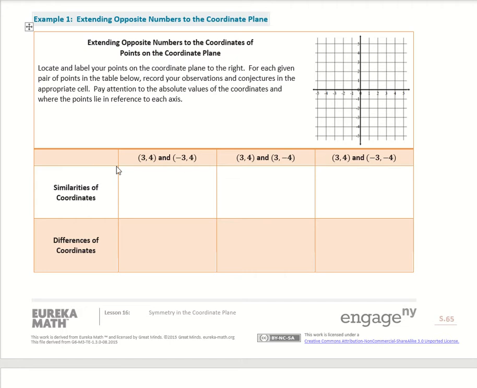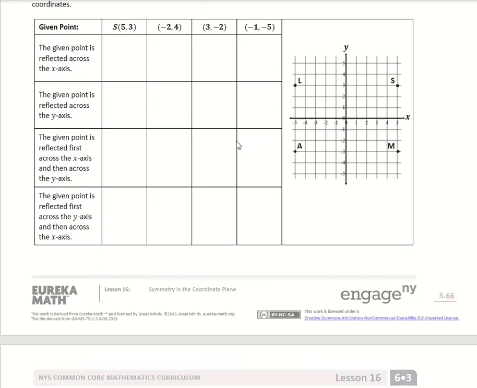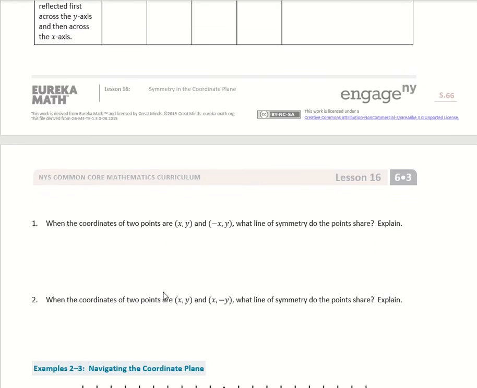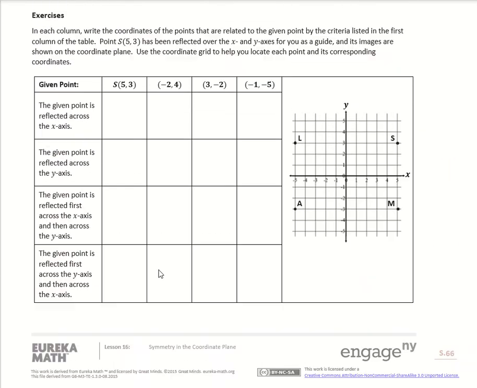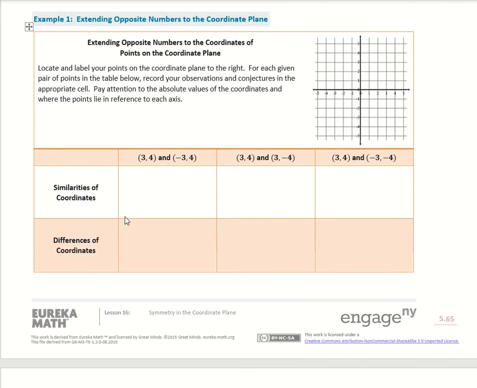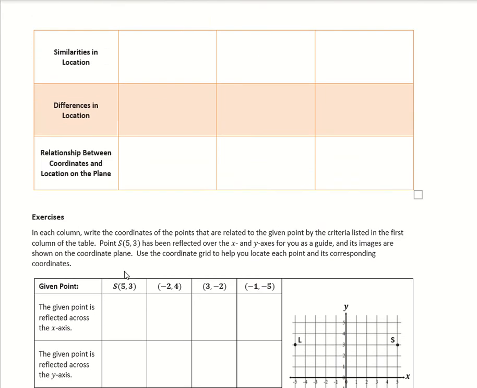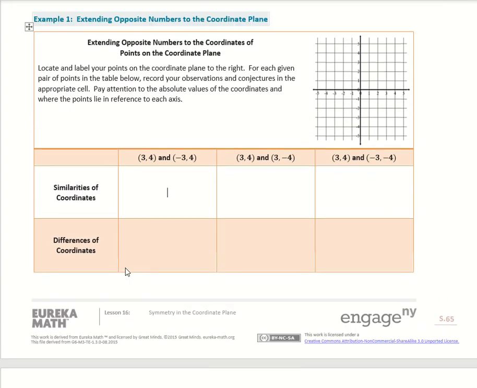I'm going to be leading you through example 1, and hopefully the knowledge you gain from it will help you be able to do these exercises and the 2 questions attached to them. So we are going to do this example 1 together in this video, and then you are going to work on these exercises on your own.